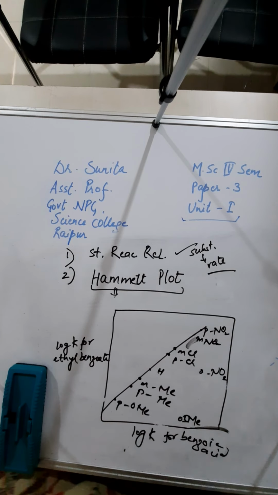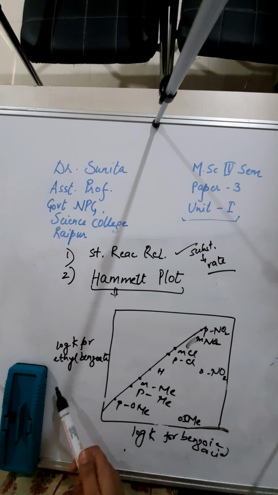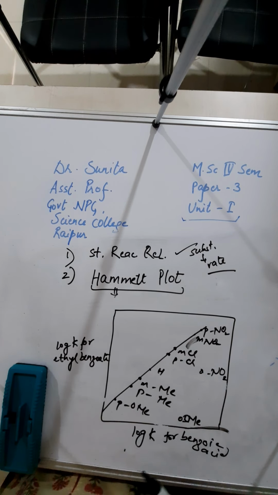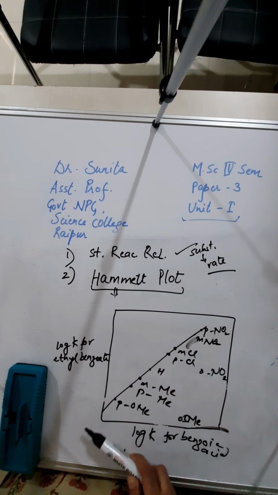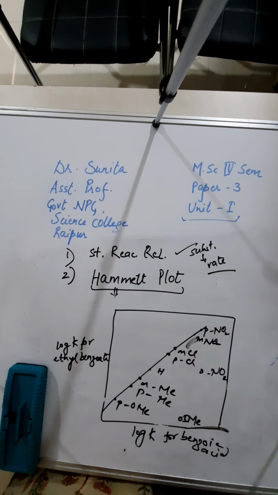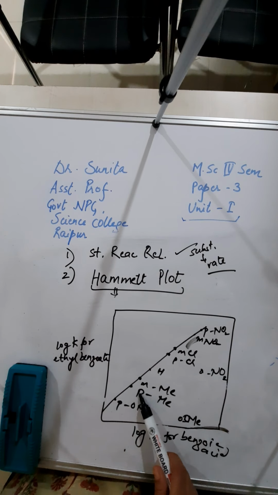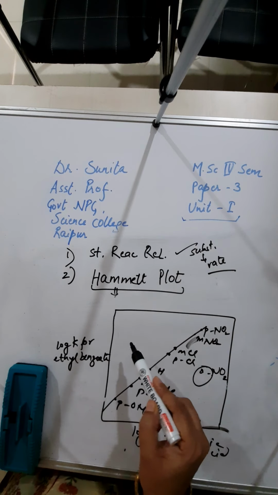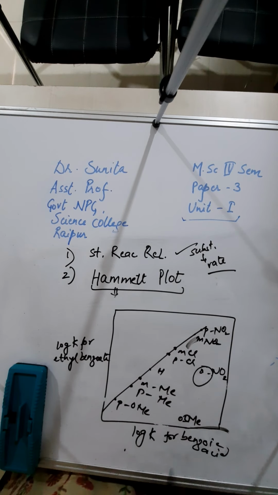So when the values of the log K for the hydrolysis of the ethyl benzoate are plotted against the log K for the benzoic acid, we got a plot like this, where only the values of meta and para are falling on the straight line, ortho ones are getting out of the line. We will soon discuss the reason why.